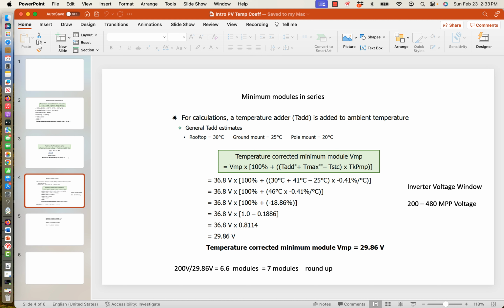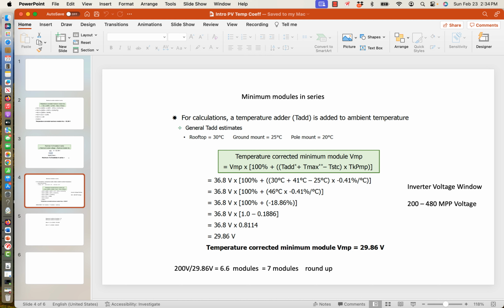Nonetheless, the MPP voltage window for the Fronius inverter is 200 to 480 volts DC. So this is the sweet spot. That's where the inverter wants to operate and operate at its most efficient.